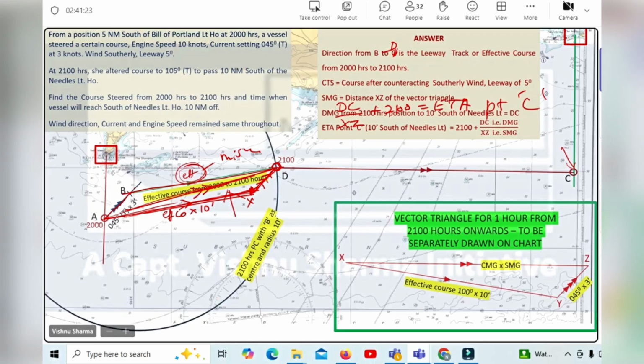Why should you do chart work first? I have reasons to emphasize. Guys, chart work requires switching between chart, answer sheet, deviation card, and luminous range diagram. Chart work requires use of pen, pencil, scale, protractor, compass, divider, parallel ruler.